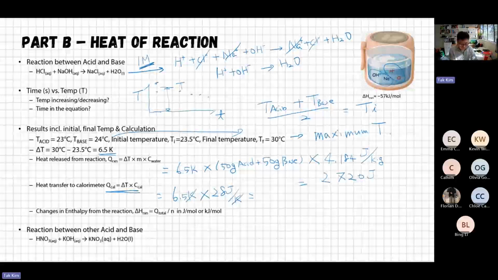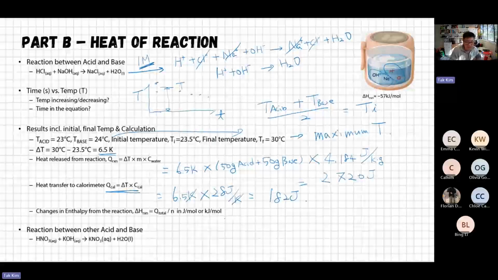So 6.5 times 28 gives 182 joules. So that is the energy transport, the heat transport, directly to the calorimeter we are using.